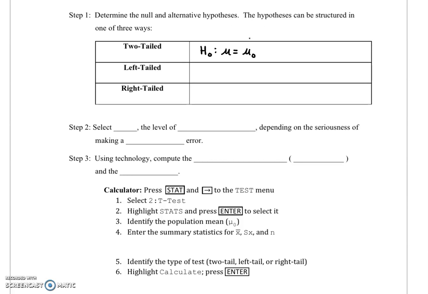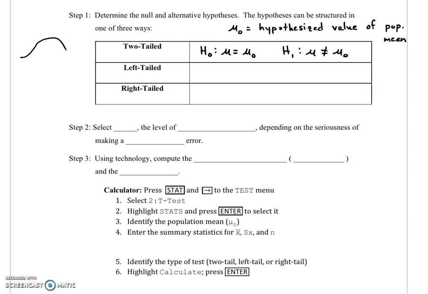So mu naught is the hypothesized value of the mean. And we mean the population mean here. And then H1 will be the mean is not equal to the hypothesized value.